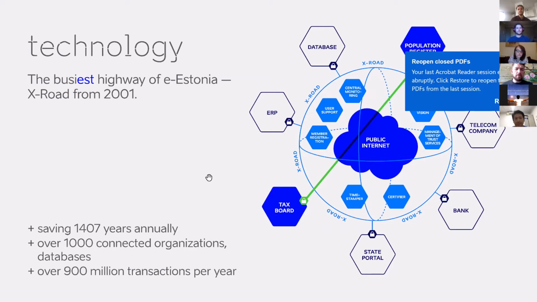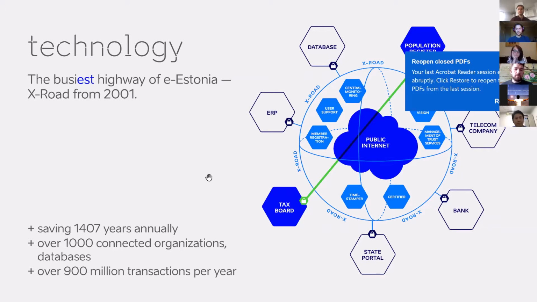And what we found is that by having X-Road in place, by being able to do all these queries about anywhere in the state, we save about 1,400 years annually simply by not making a person do those queries for you. You can access all these things without a person being in between.